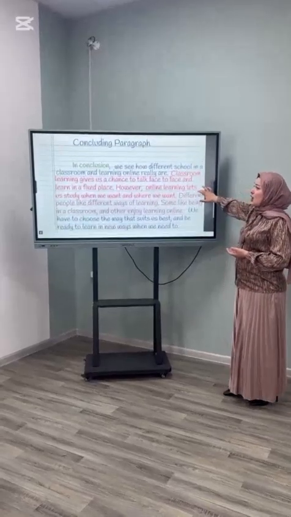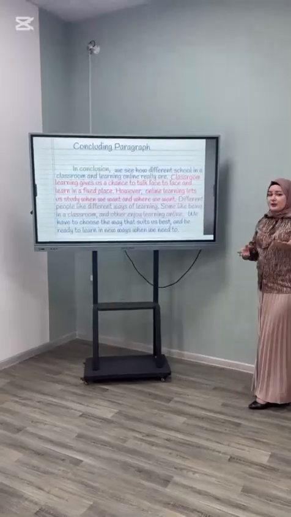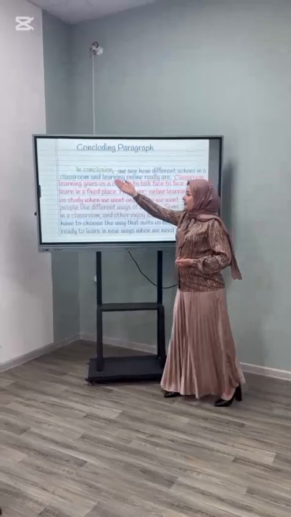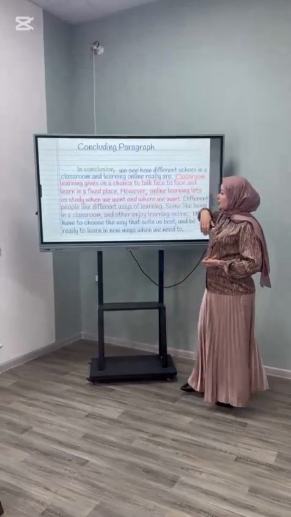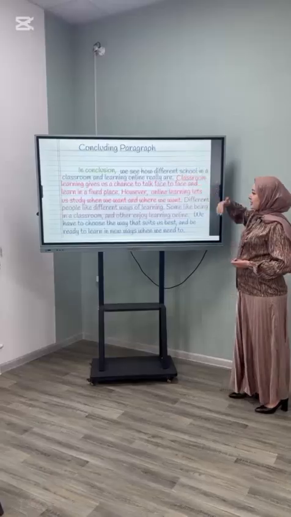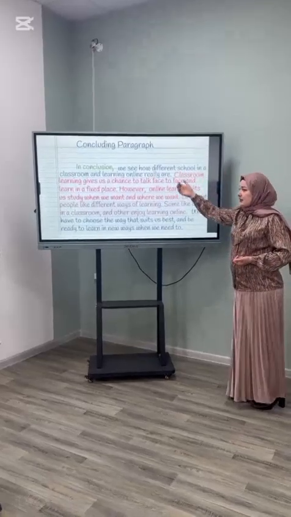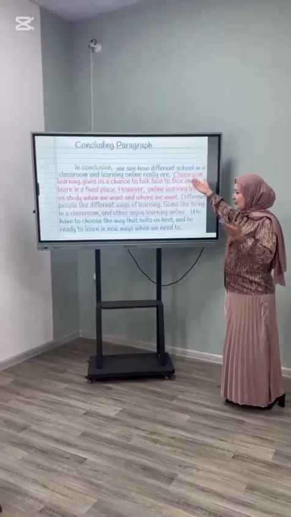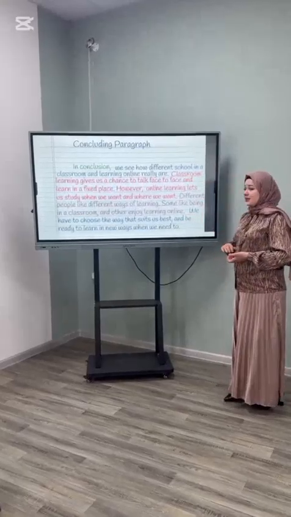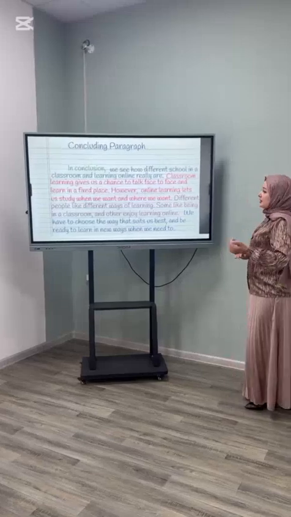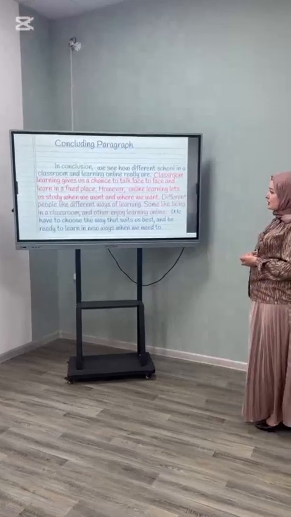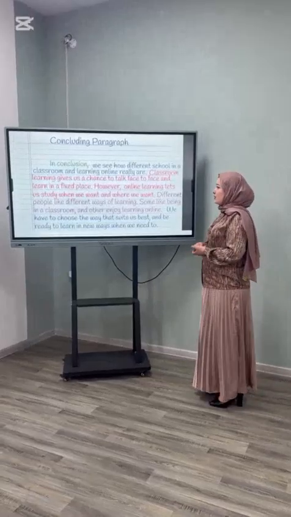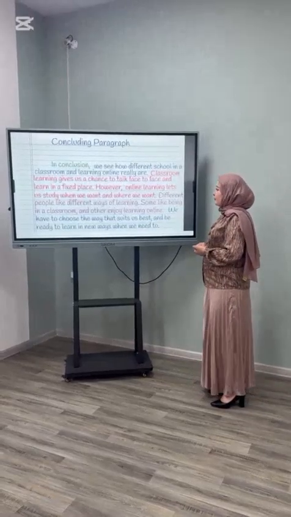Here is the whole concluding paragraph which can be used as an example. You can see the transition phrase, in conclusion, then there is a topic sentence. After the topic sentence, it is followed by the supporting sentences, and the last one is the concluding sentence. Let us read the example. In conclusion, we see how different school in a classroom and learning online really are.